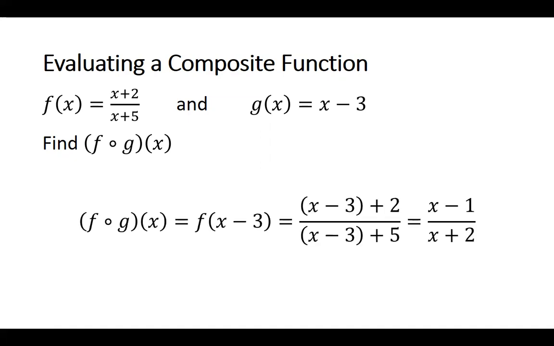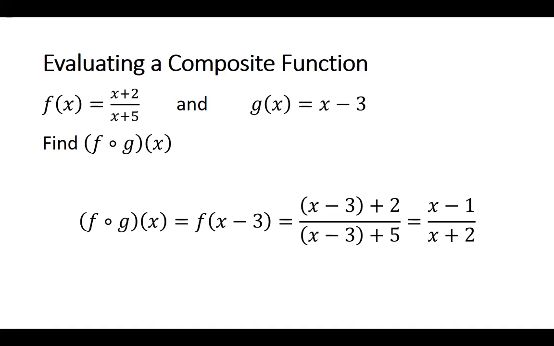So f of g of x is equal to f of x - 3, because g of x was x - 3. We substitute x - 3 anywhere there was an x in f of x, giving us (x - 3 + 2)/(x - 3 + 5). x - 3 + 2 gives you x - 1. x - 3 + 5 gives you x + 2. And that's how you do it.